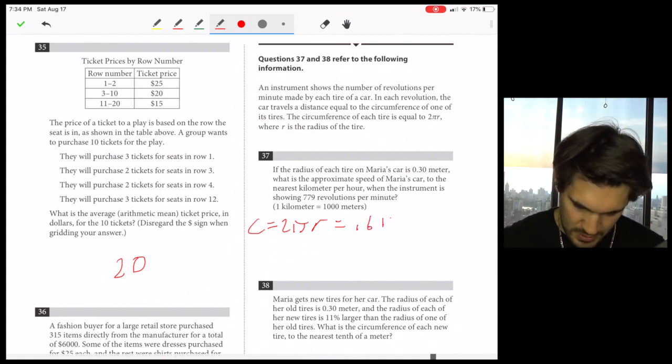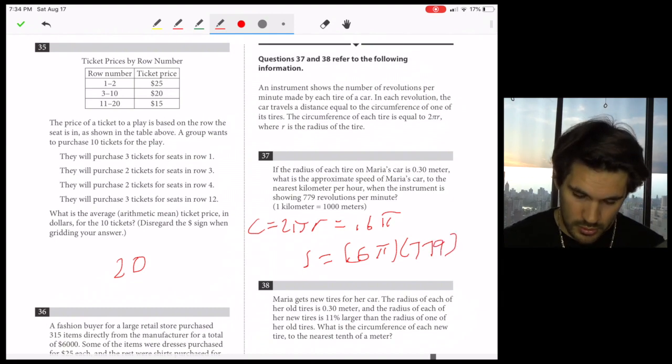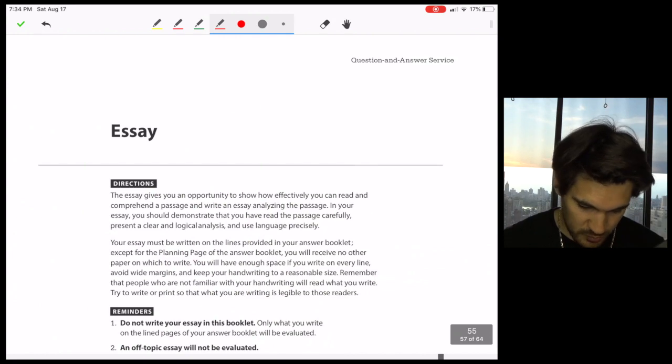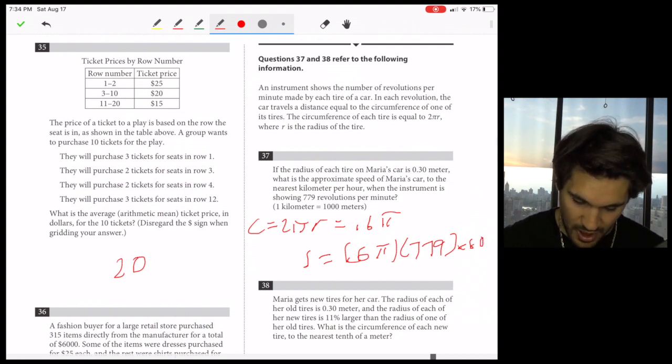The speed, we know it's showing 779 revolutions per minute, so we can calculate the speed just by doing the 0.6 pi times 779 revolutions per minute. But we want it per hour, so we need to multiply this by 60, and then we want it in kilometers per hour, right?